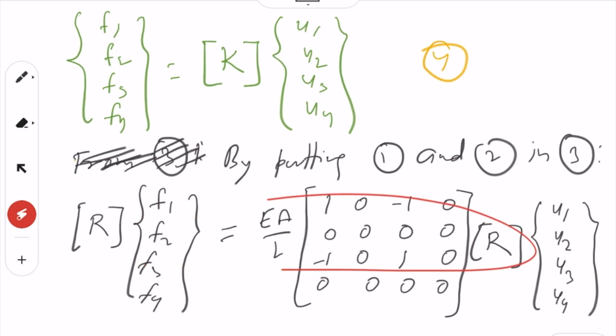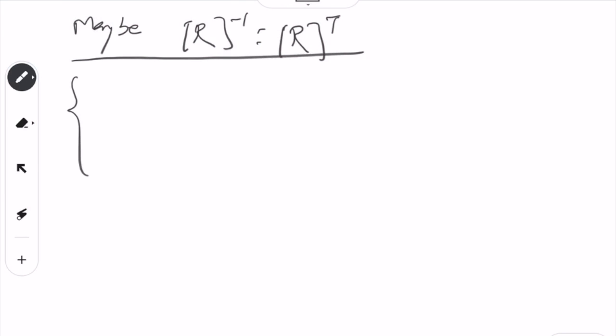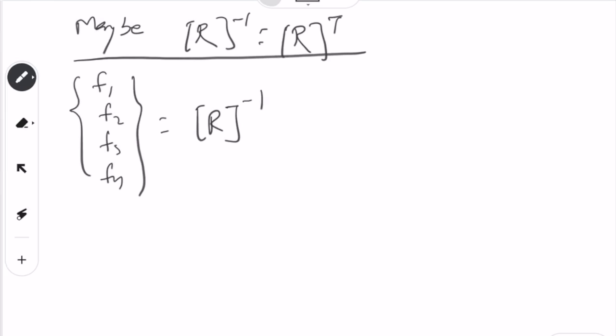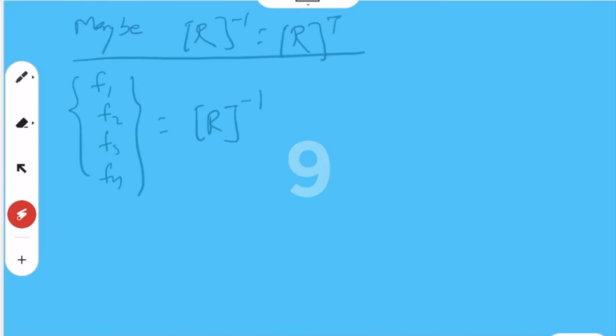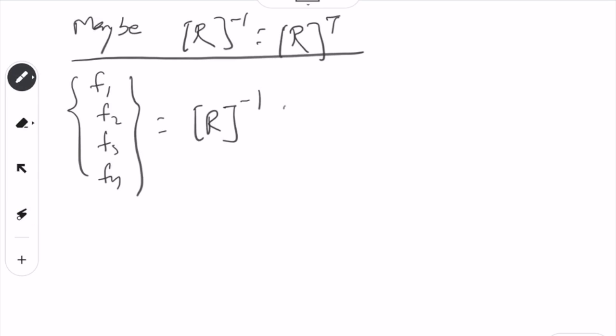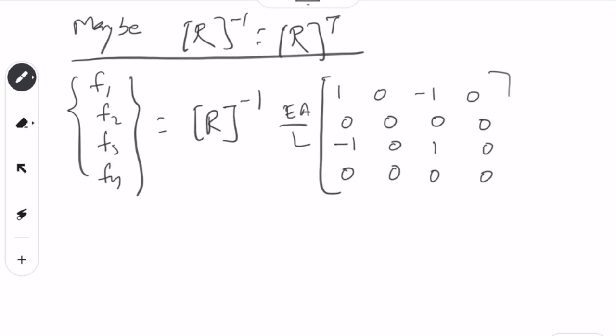given this equation, we can write F1, F2, F3, F4 is equal to R inverse, then EA over L, and you have 1 0 minus 1 0, 0 0 0 0, minus 1 0 1 0, 0 0 0 0, and then you have R again here, and then we have U1, U2, U3, U4.